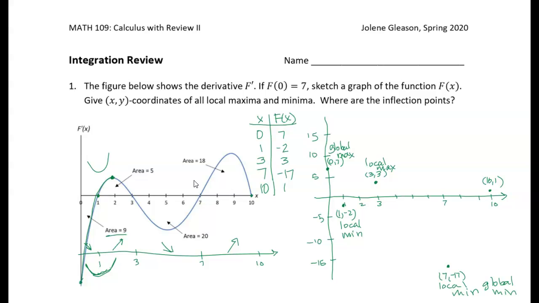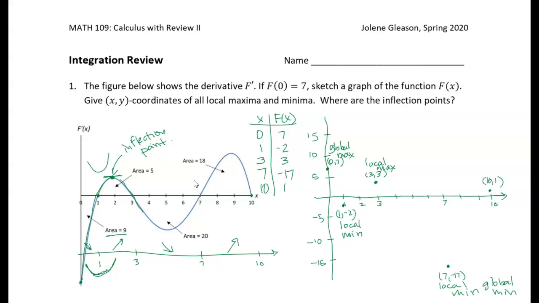Okay, and then this would be an inflection point, because we are changing from concave up to concave down, right? Because the slope here is negative, and the slope here is 0. The candidates for inflection points are wherever the slope is 0.